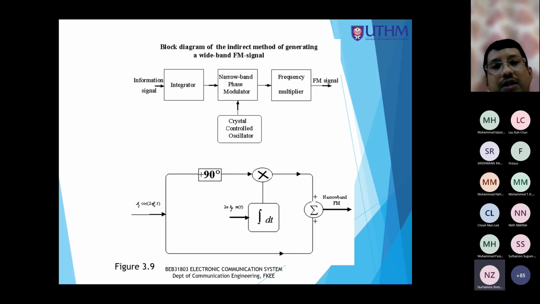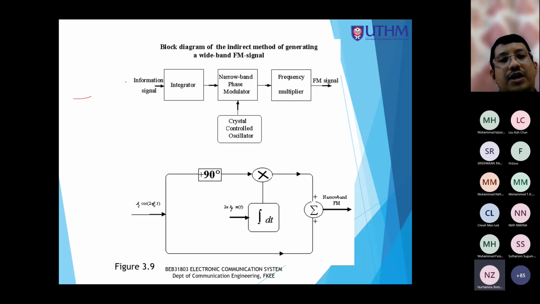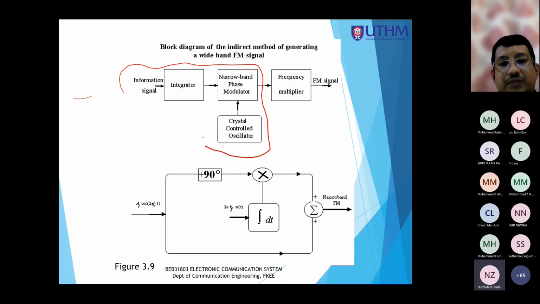And this is the block diagram of indirect FM. Okay, the indirect method for generating an FM signal, which means that we are directly doing the process of PM, phase modulation. In the picture above, this is what we call the indirect FM modulator.